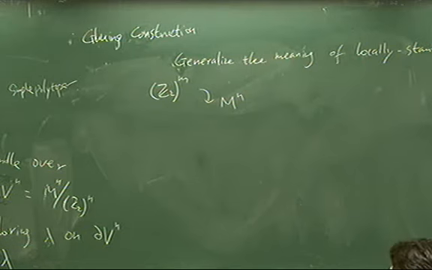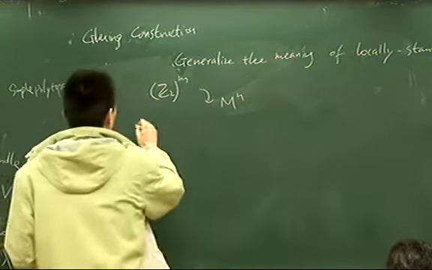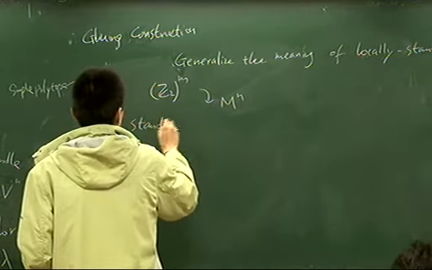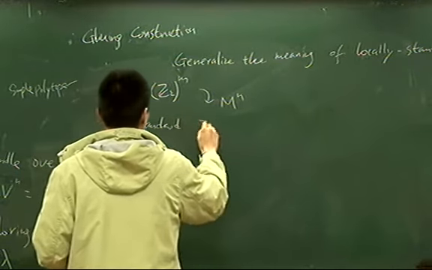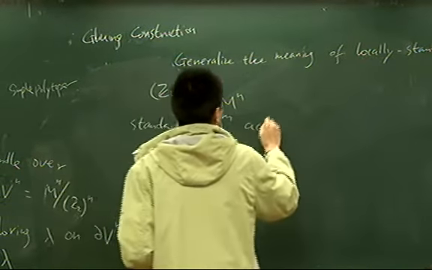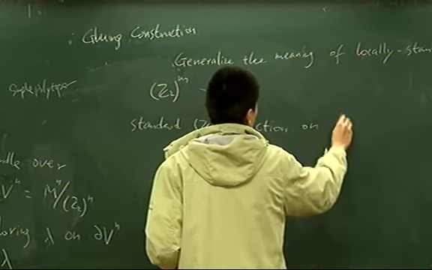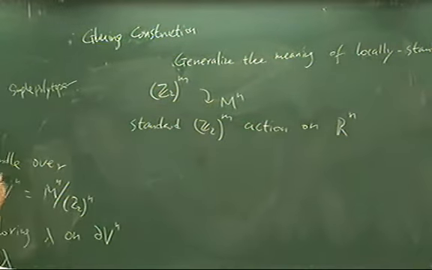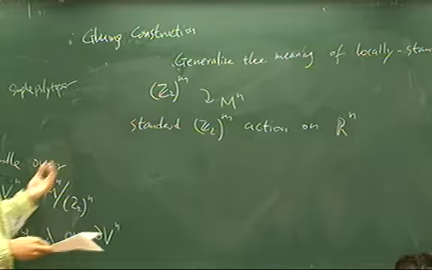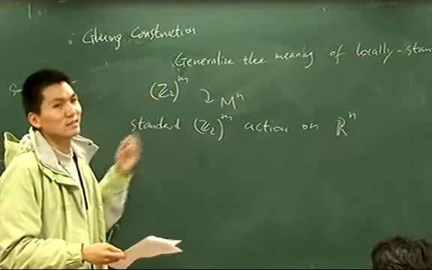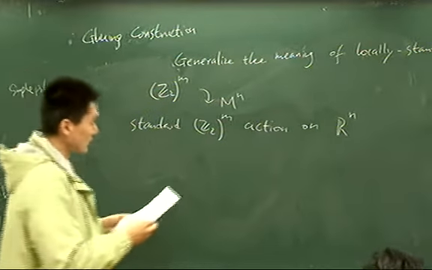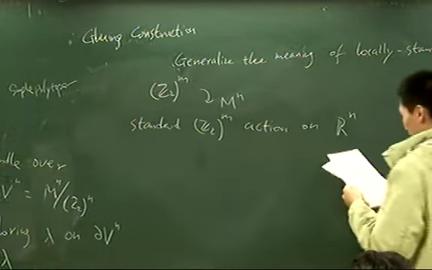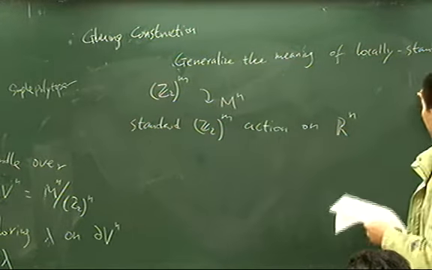So from the definition, we should first make sense of what it means to be a standard Z2^m action on R^n. Then we should say what it means to be locally standard.